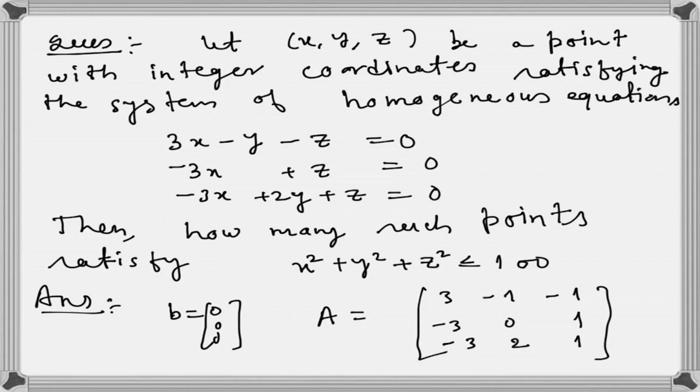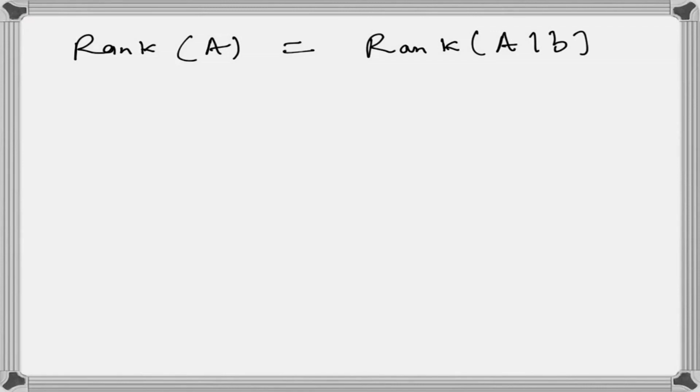So in this case, rank of A is always equal to the rank of augmented matrix AB. The reason is because B is the 0 vector.